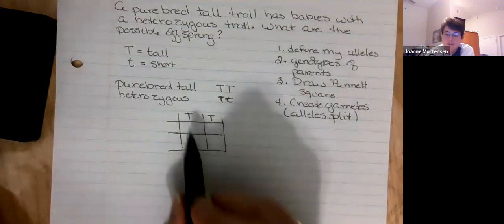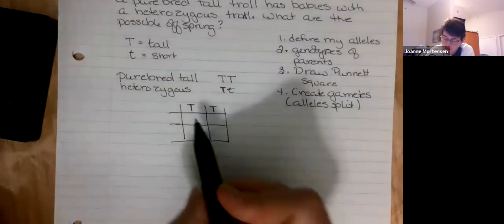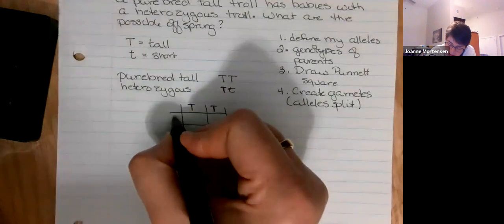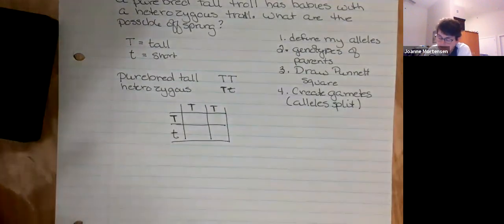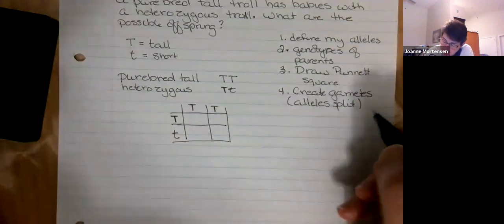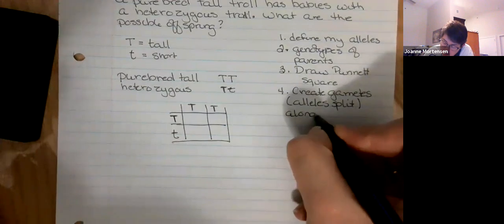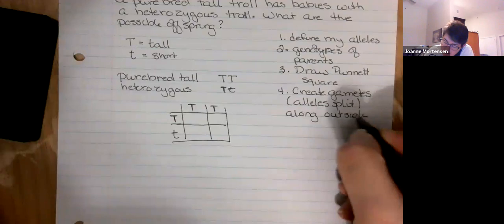So on the outside of the box, you are only allowed to have single letters. So those are my two sperm. So here's Mama Troll, and she is heterozygous. So she can have a capital T or a little t. Create gametes, alleles split, along the outside of the square.